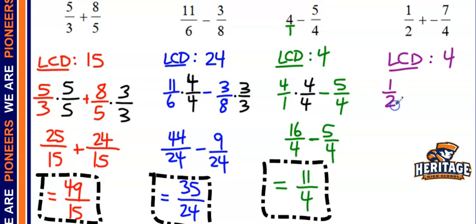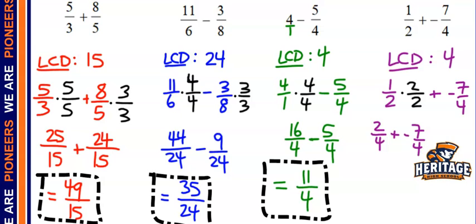So 1/2 times 2 over 2, because 2 times 2 will give us 4 in the denominator. As for the rest of the problem, plus negative 7 over 4, thankfully we don't need to convert that, so we go ahead and just write this as 2 over 4 plus negative 7 over 4.